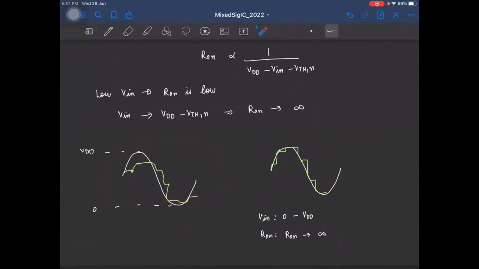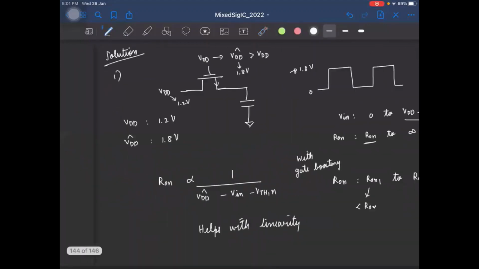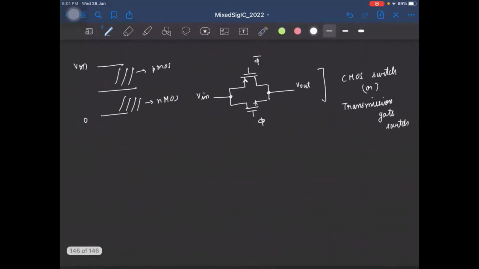With the NMOS switch, we had distortion when the input went closer and closer to VDD, and with the PMOS switch, we'll have distortion when the input reaches closer to 0. So if you use a combination of the two, we at least qualitatively expect that this distortion must be improved, right? So let's try to verify that.